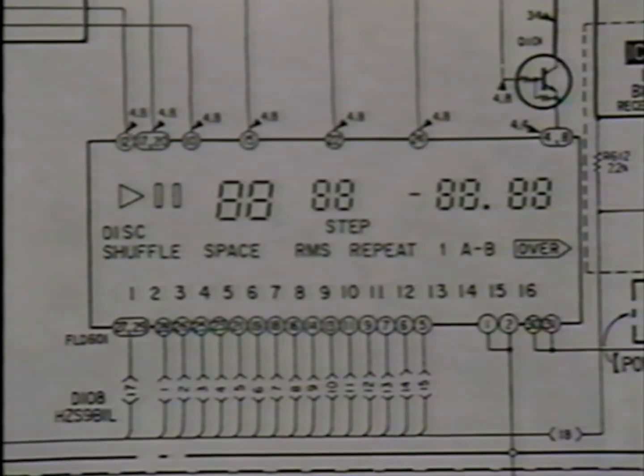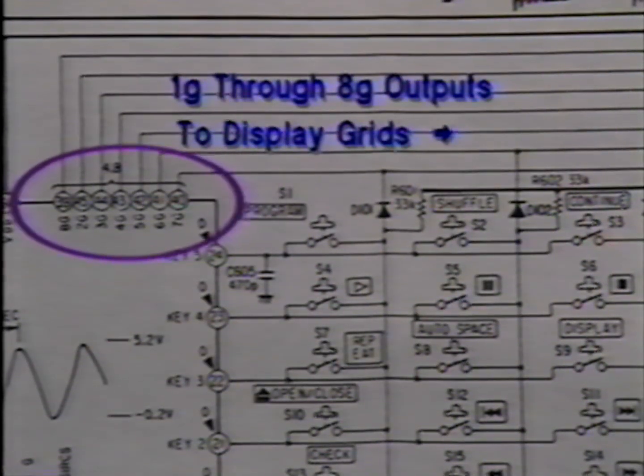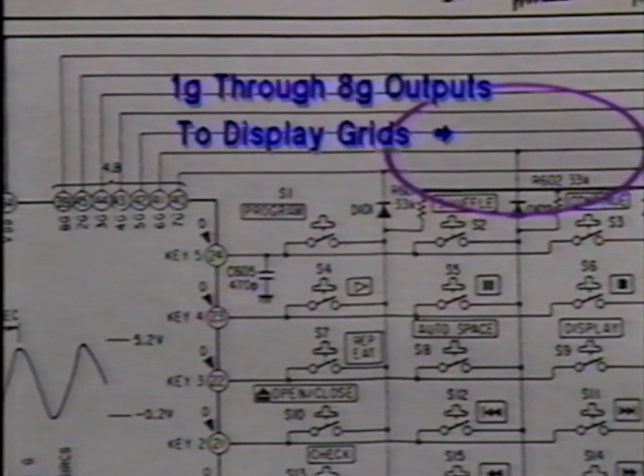When the microprocessor outputs the segment pattern needed to display a character, all digits receive the pattern. The grids of the digits are driven by the 1G through 8G output lines on the microprocessor IC. Notice that in this player, 3 of the grid output lines were also used to scan the keyboard. That is very efficient use of the output port lines.